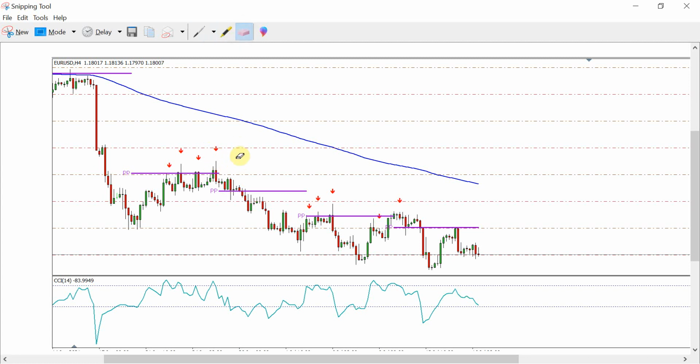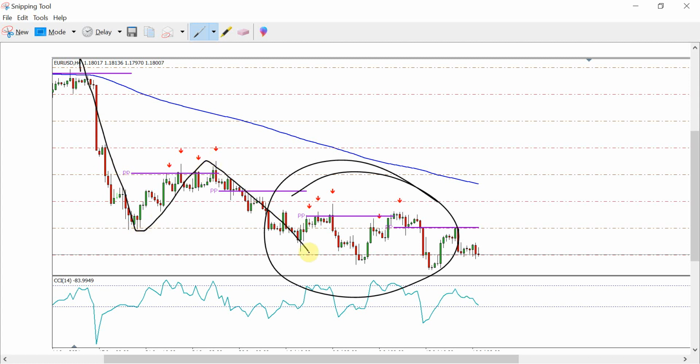Now, just very quickly, when we look at these two sections here, I'm less fond of these particular ones over here, and that's why. So it looks good. You got up, move down, leg, move down, up, and then down again. The reason I don't like this is because we're not printing at a support and resistance level.